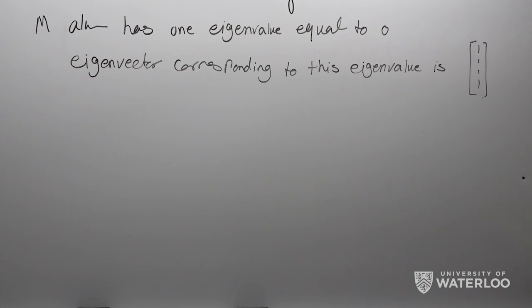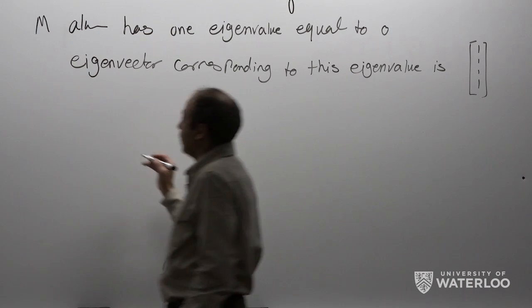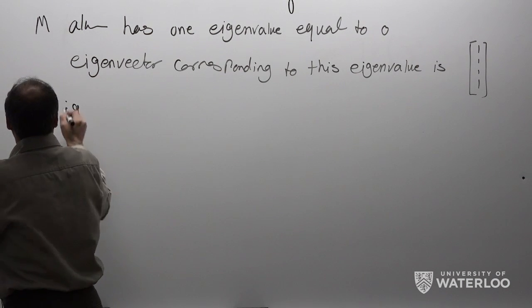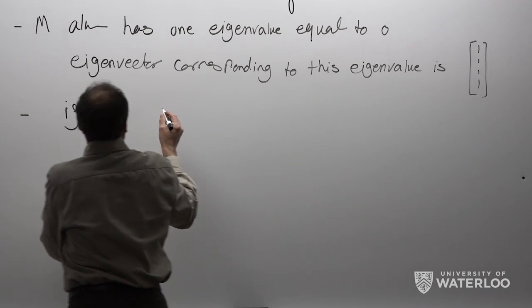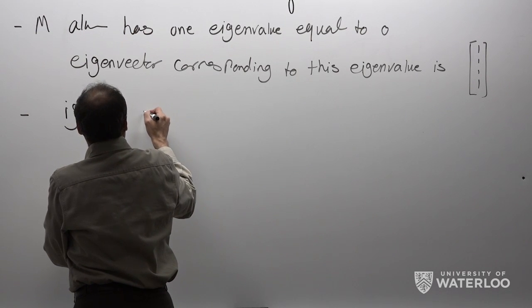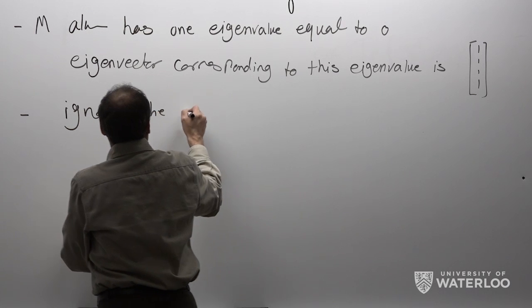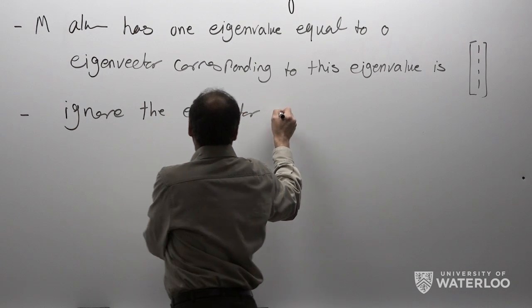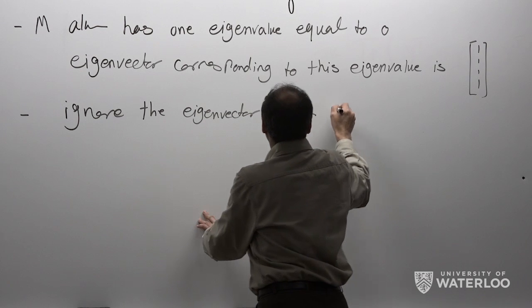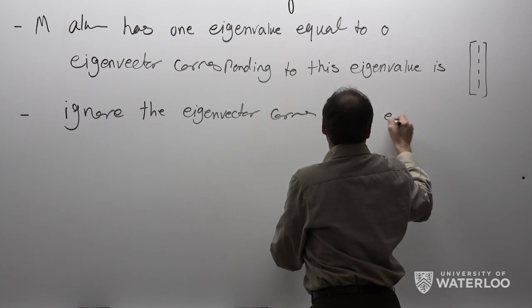So it's not useful. We're going to ignore this one. Ignore the eigenvector corresponding to the 0 eigenvalue.